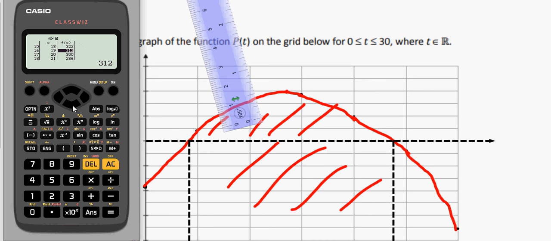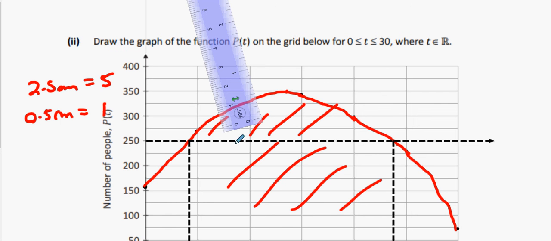In the 19th second, 312 people left. If you add up all these numbers, that's how many people are actually in the stadium, or how many people actually left. Don't worry about that question.